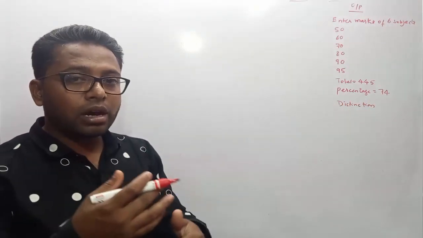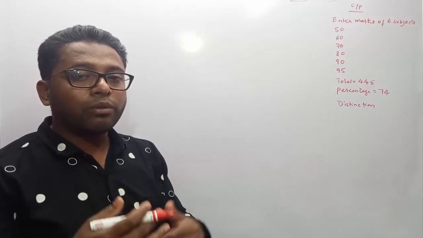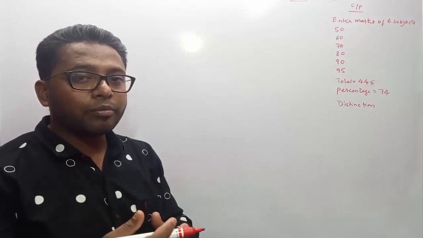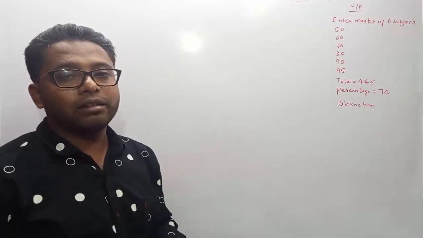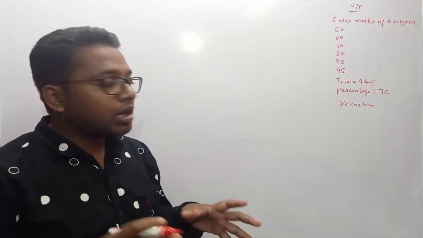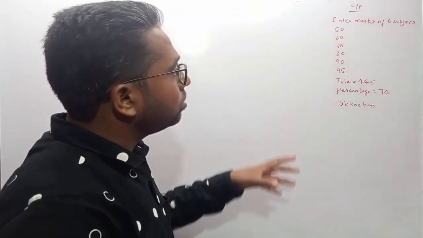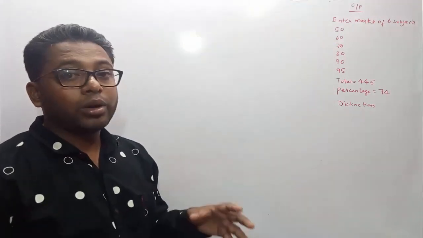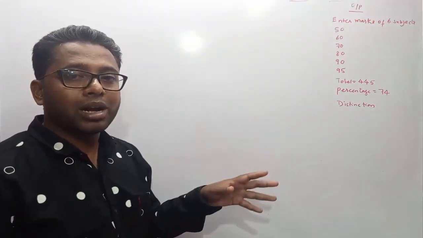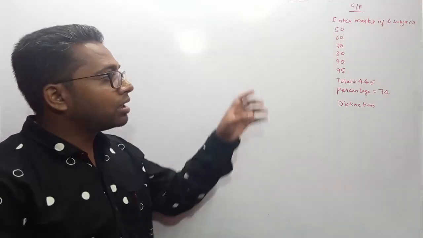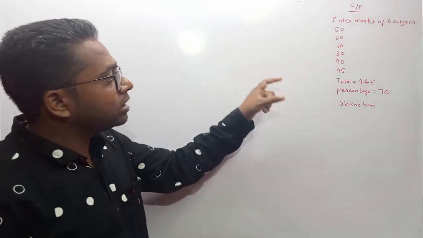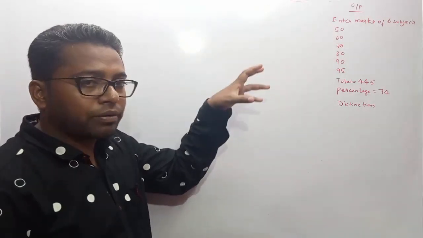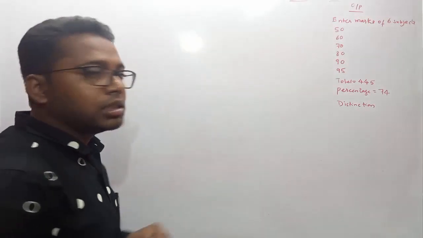Whenever we have the possibility of displaying different outputs, we can use the else if ladder branching statement. Now I will go straight to writing this program because it is very simple. So as you can see, I have already written the output, and I will be referring to this output to write the C program.